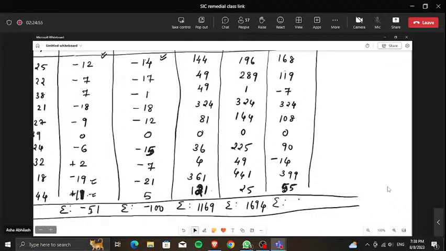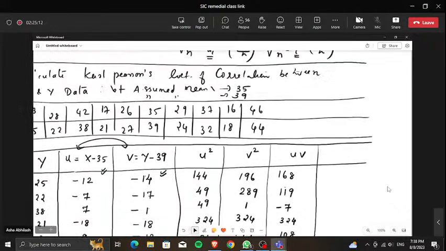Minus 14 and minus 7 are there. Just check it again. 1242, correct. So you can directly apply this in the formula.